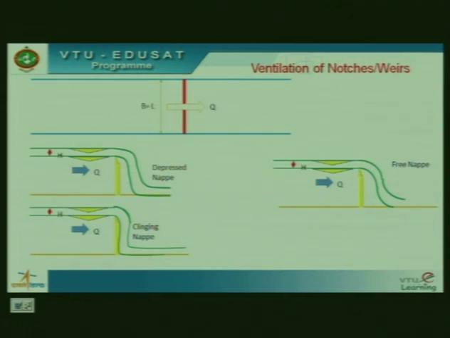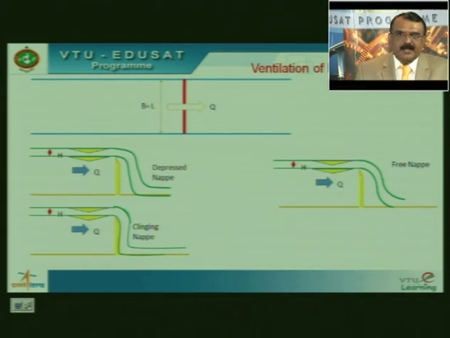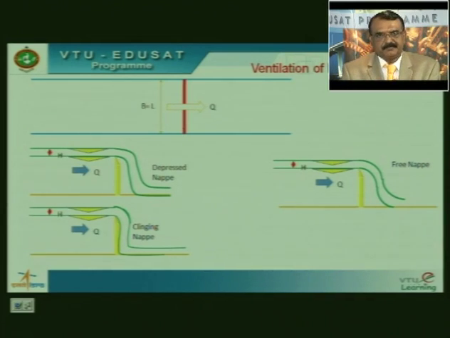Now, what is the problem in this case? Kindly refer to the first case here. This is the upstream side, this is the downstream side. I showed the arrow like this. Q is the discharge. Till now we studied that you have a sill level or an initial level.